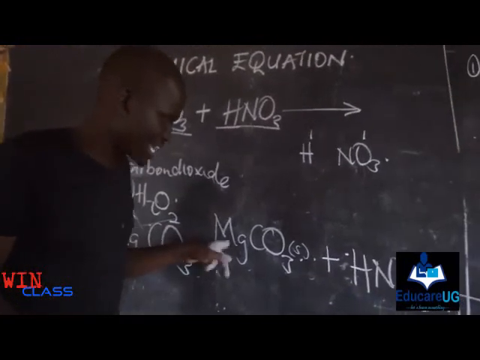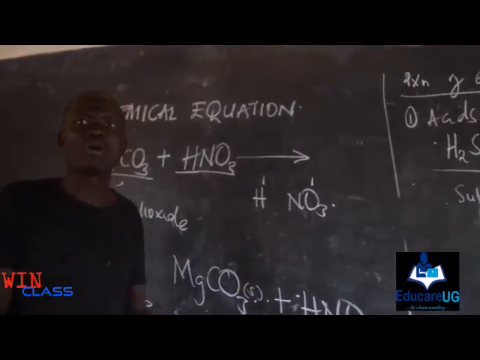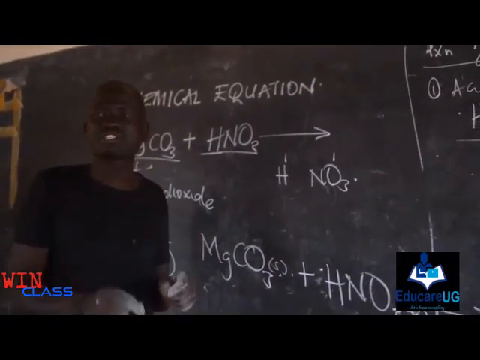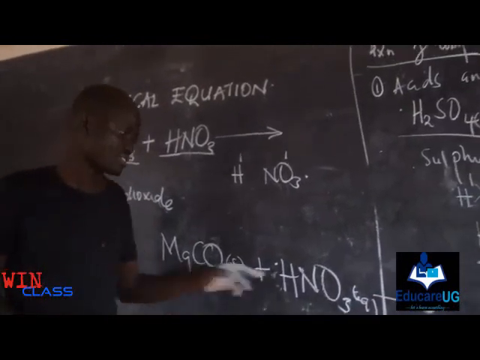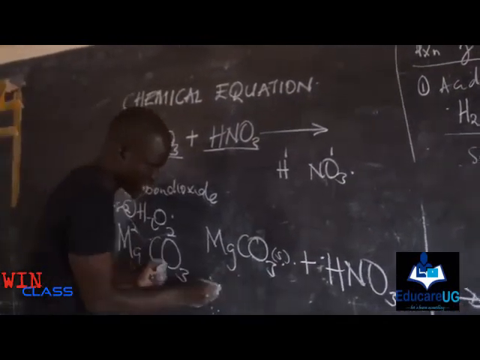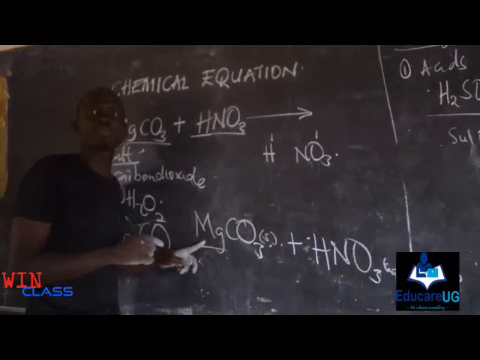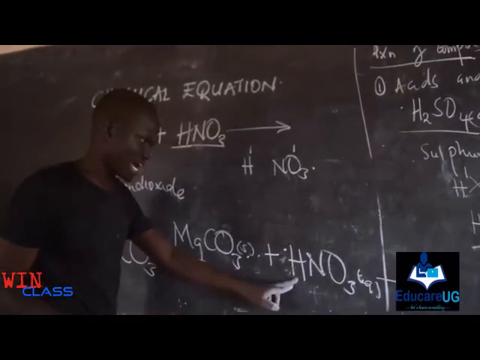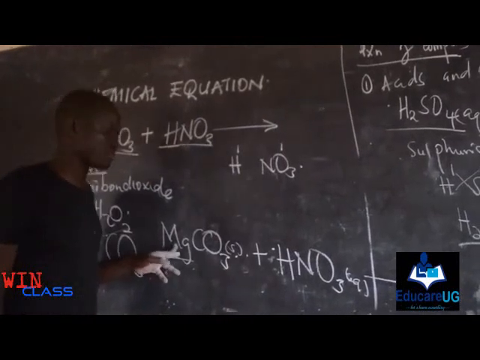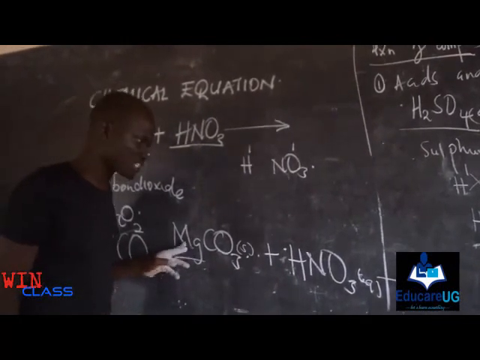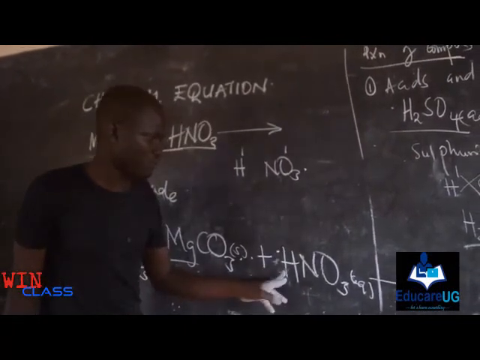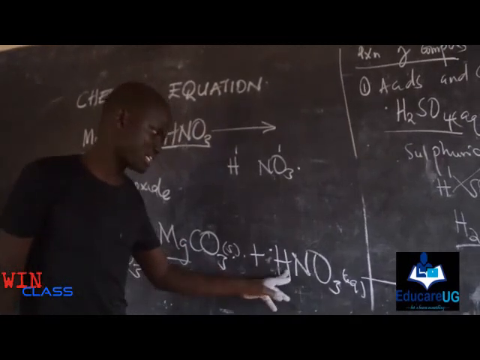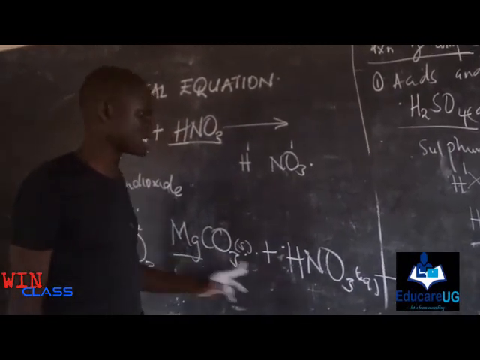By definition, a salt is a compound formed when a metal replaces all the hydrogen atoms of an acid. The metal in this reaction is magnesium, and it is replacing the hydrogen ion. It means that where the hydrogen ion is, we place magnesium. Therefore, it ceases to be nitric acid and is transformed into magnesium nitrate.